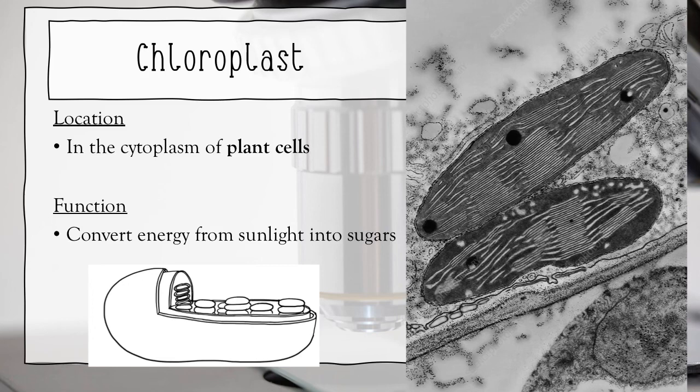So the chloroplasts are found in all plant cells, and their job is to take sunlight to make sugar. Okay? Sunlight into sugar. That is the process of photosynthesis. That's more information than you need to know. All you need to know for chloroplast is that they're taking sunlight, making sugar. Okay?